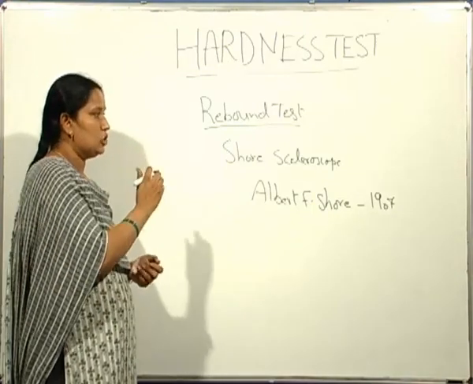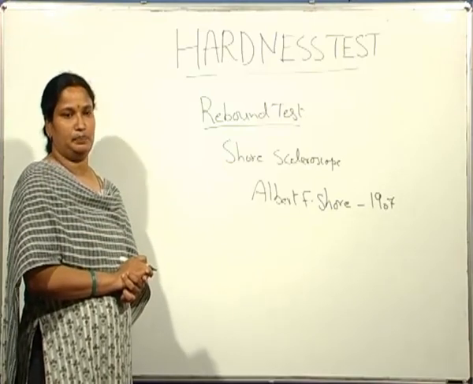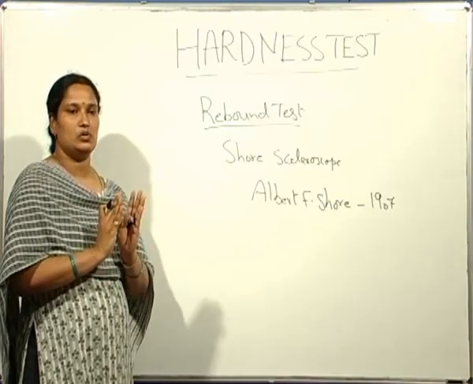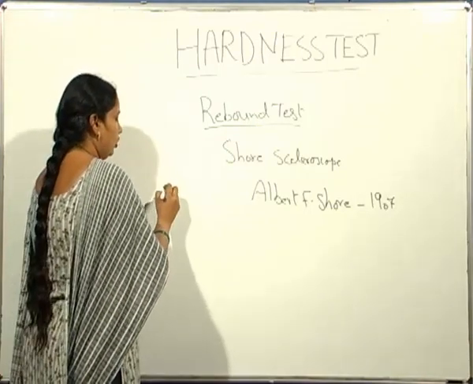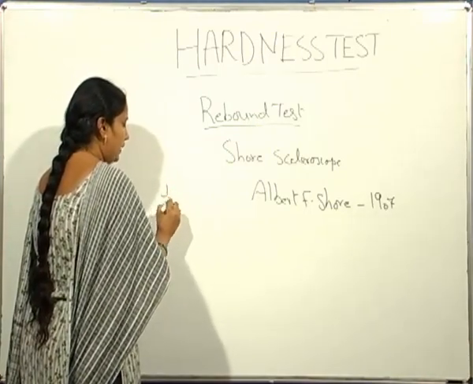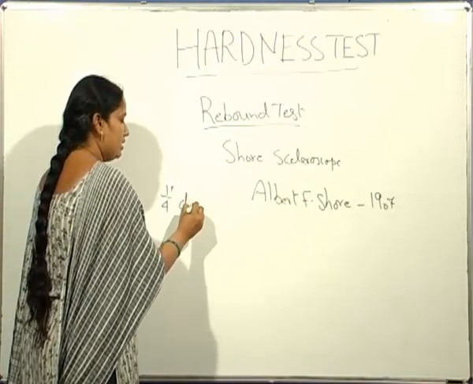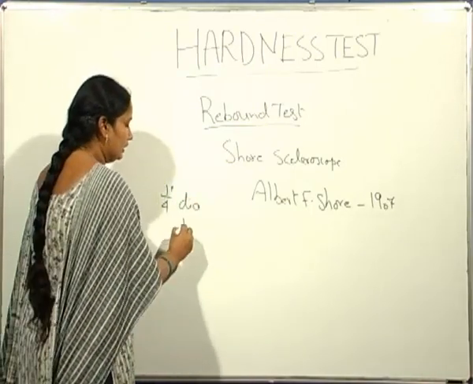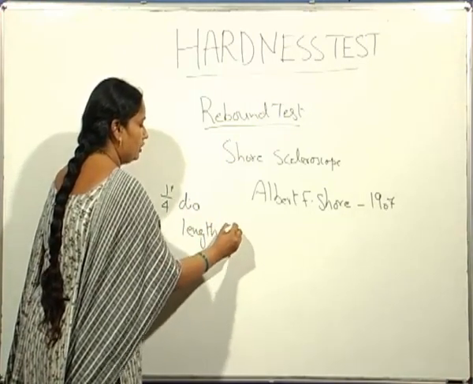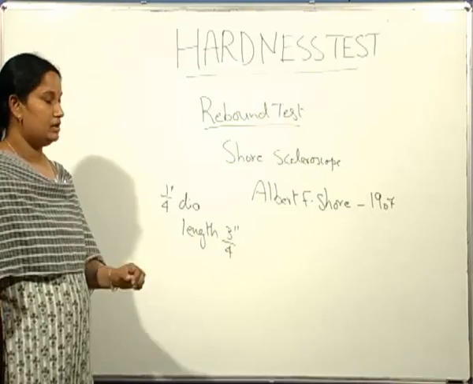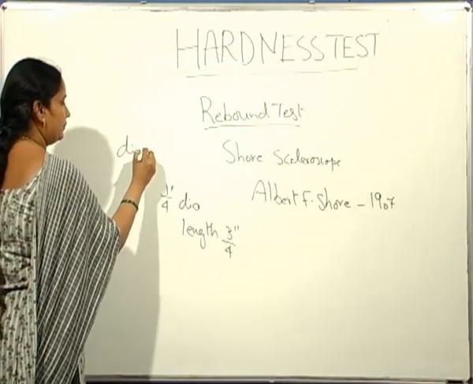This Shore scleroscope uses a diamond tip hammer which is enclosed in a glass tube. The diamond tip hammer is of diameter 1/4 inch and length of about 3/4 inch.